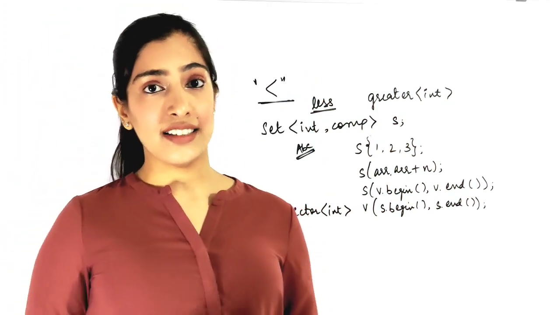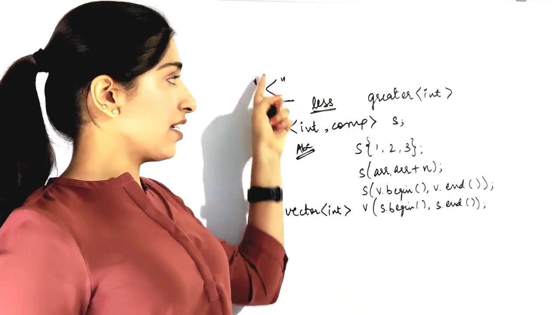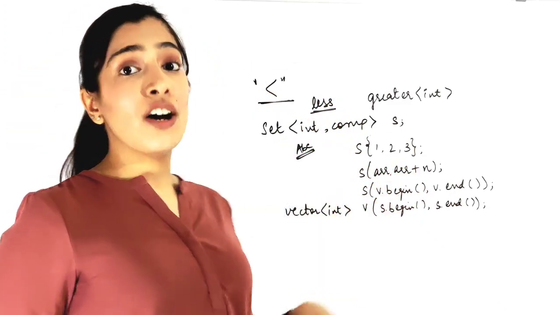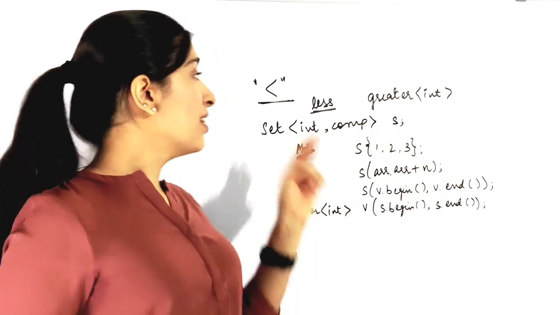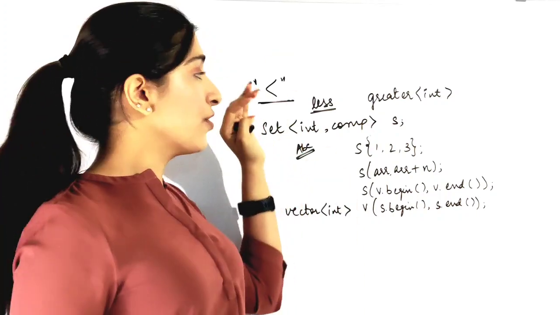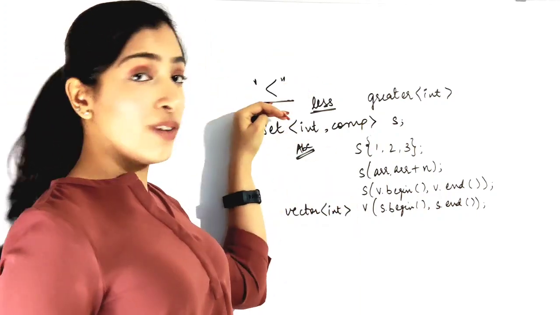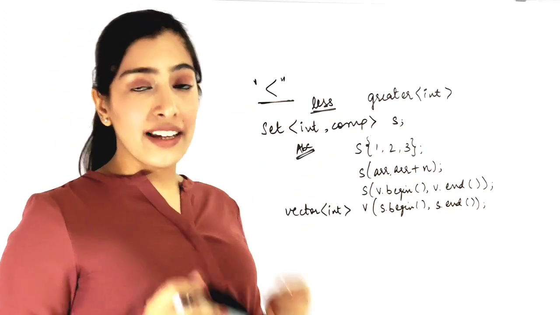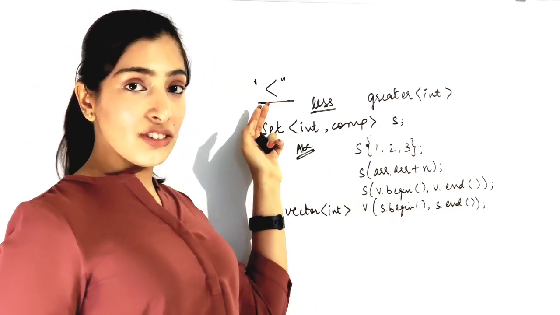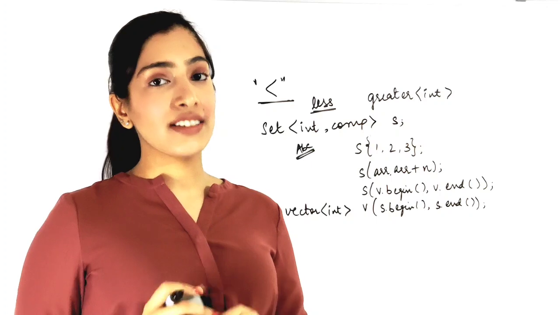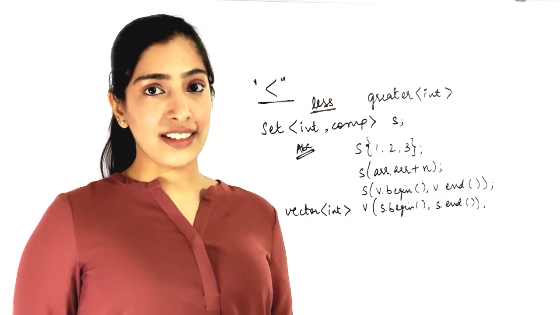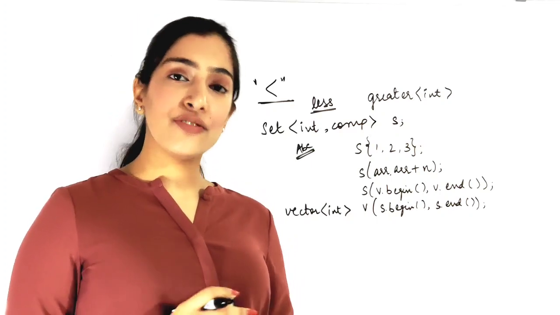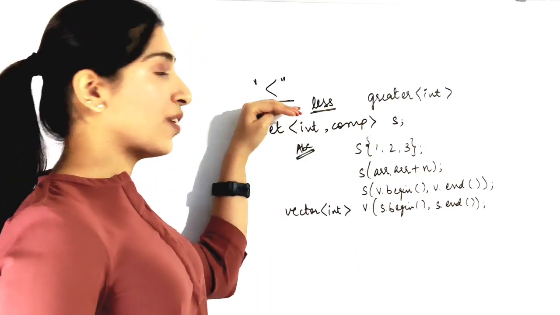Basically what set does is, it looks for this operator to sort the elements. For integers, strings and all, this is already present, and for user-defined classes, we have to override this operator. There are ways to avoid overriding this operator using lambda functions and functors, but we are not going to discuss that. For now, to form sets of user-defined classes, you can just override this less than operator.